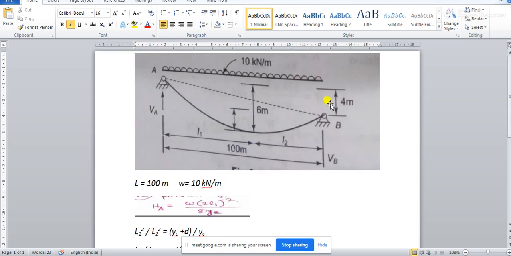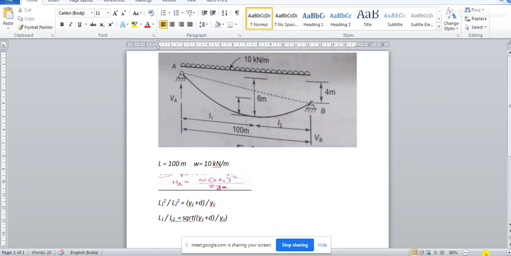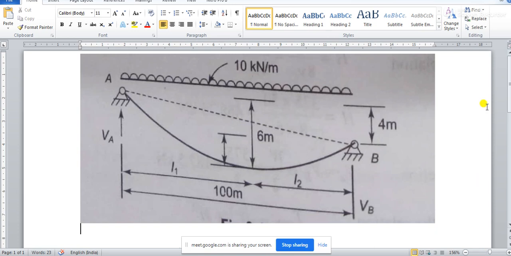Why? Because you see this support A, please observe very carefully. This support A and this support B are at different level, and the difference in level is 4 meter, isn't it?